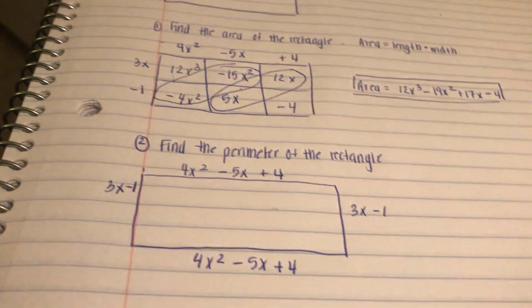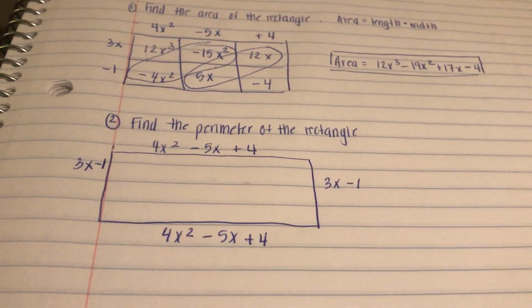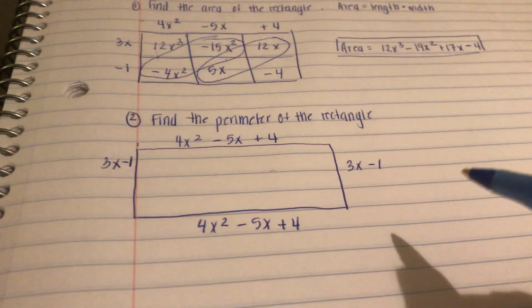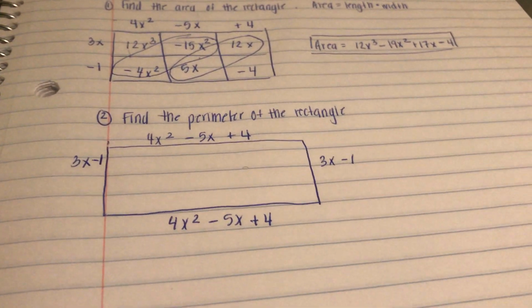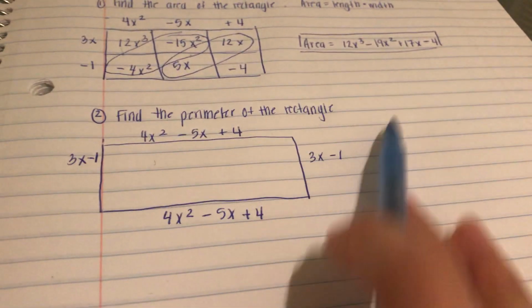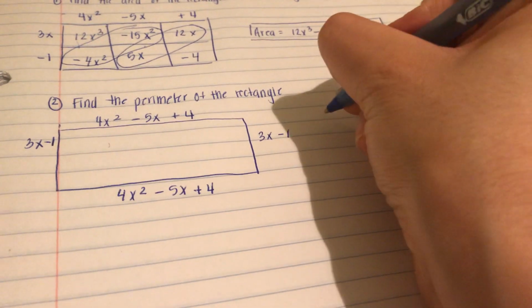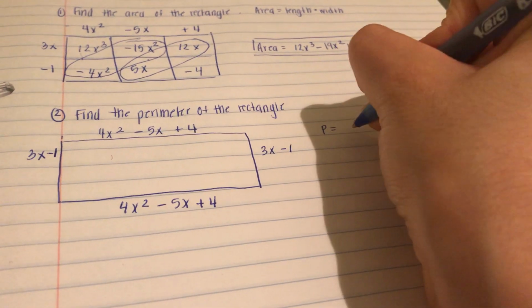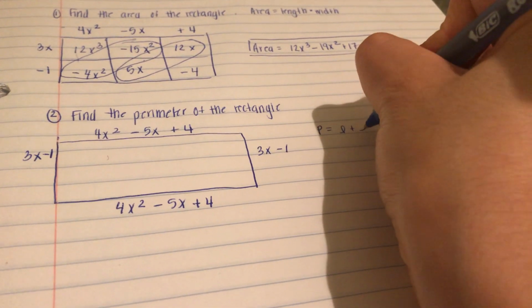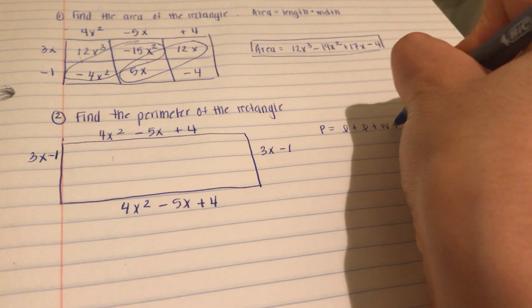And now we're going to apply the concept of adding polynomials. So let's combine like terms. We're going to add everything together and combine like terms, because the perimeter of a rectangle is just a length plus a length plus a width plus a width.